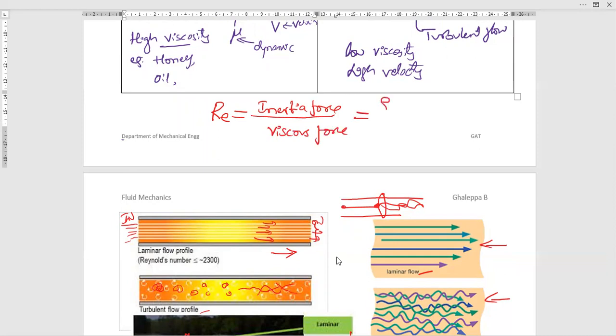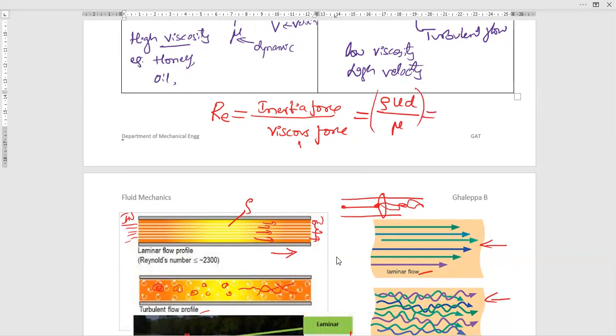Inertia force is rho, that is the density of the fluid, u is the velocity of the fluid, and d is the diameter. This is called inertia force, divided by the viscous force, which is mu. Okay, this is one formula of the Reynolds number.